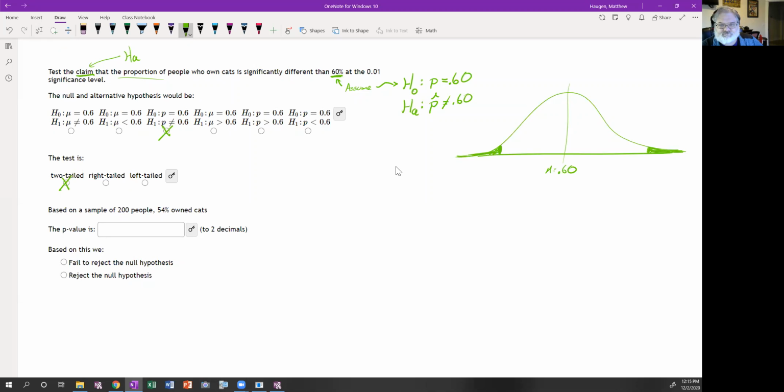Cool. So I suppose we figure out how big those tails are. Those tails are both 0.005, half of our significance level on each side. Again, if it was just a one tail, then the one tail we're looking for gets to be the whole 0.01. Makes it quite a bit bigger.